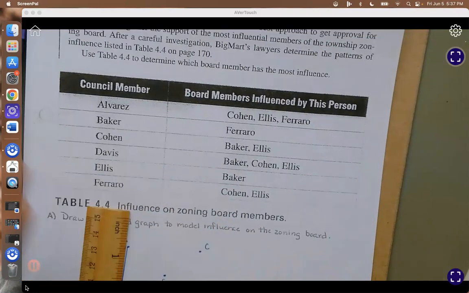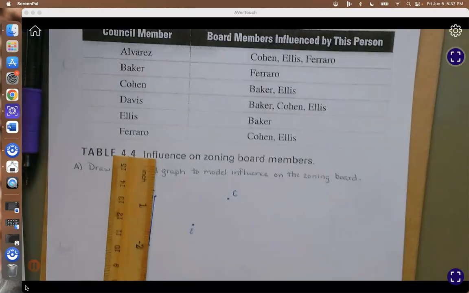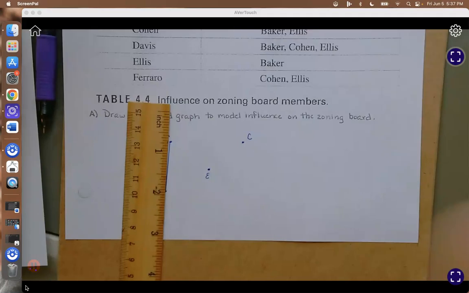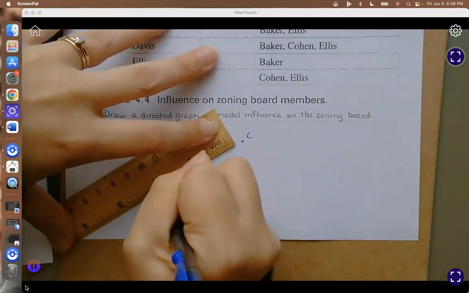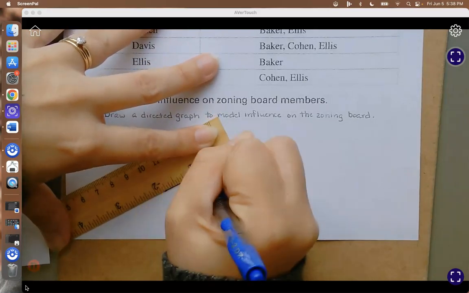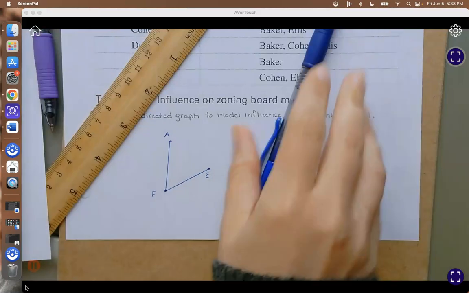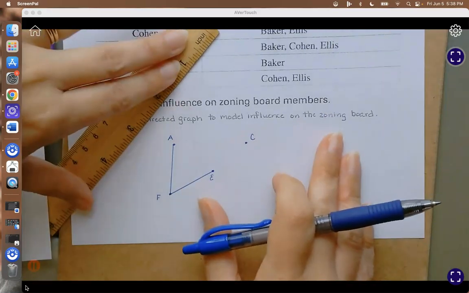Let's see if I can fix this so y'all can see that better. There we go. Oh no, that's not the line that I needed. Well, I think he's going to connect there in a little bit.